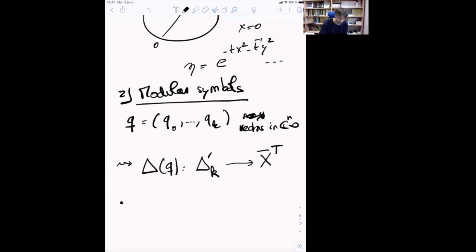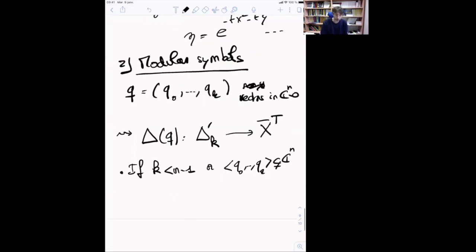The first case is if K is less than n-1, or if the span of the Qi is a proper subspace, then the image is completely contained in the boundary of the Tits building, and we associate the following simplices.